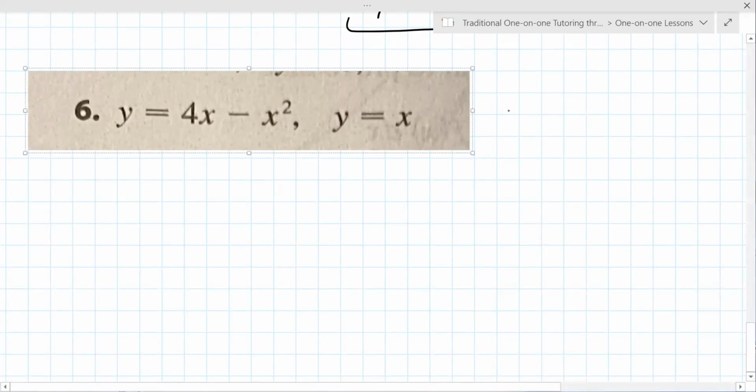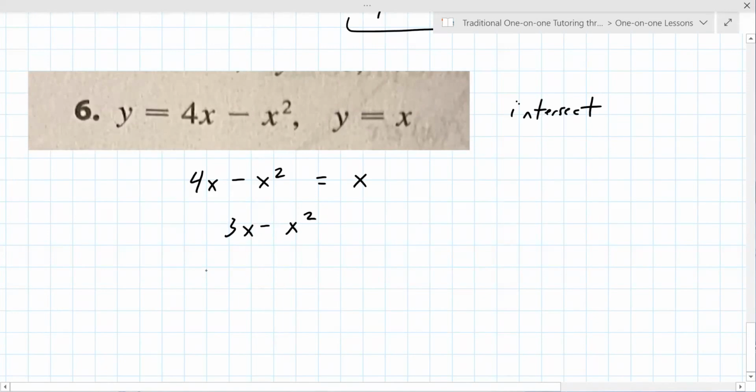You actually need to figure out where these intersect. So you've got to set them equal to each other: 4x minus x squared equals x. Subtract x to the other side, you get 3x minus x squared. You factor out x, you get x times 3 minus x. So at x equals 0 and x equals 3.